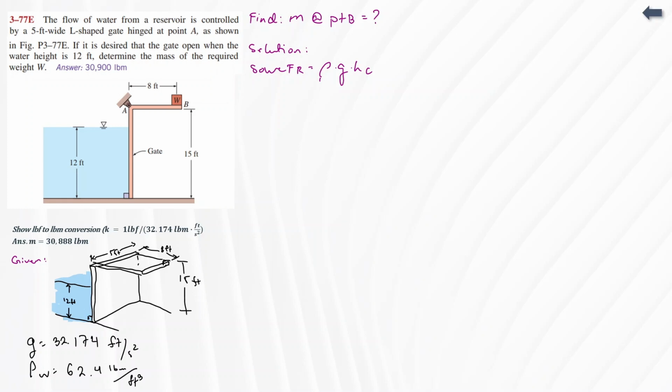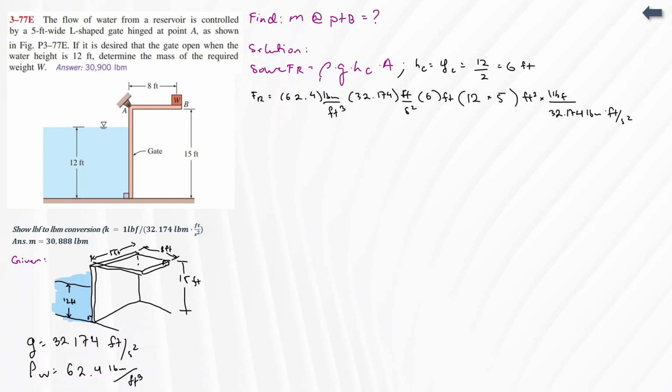we will need to solve for resultant force muna. For HC here is equals to YC, so that's gonna be 12 over 2. It's a rectangular prism to, so that's B over 2, maalala nyo. And it was 6 feet. And substituting yung values na yun, we have 62.4 times acceleration due to gravity at 32.174 times HC at 6 or 12 over 2 times area, which is 12 times yung width niya times 5.